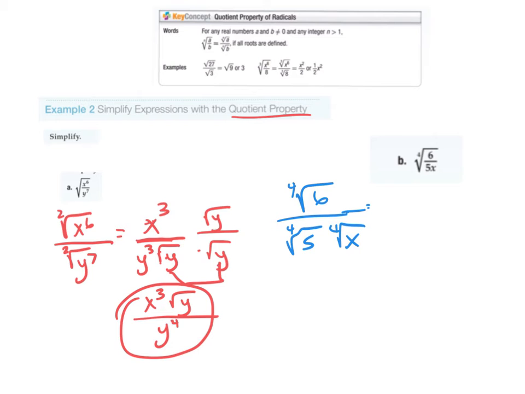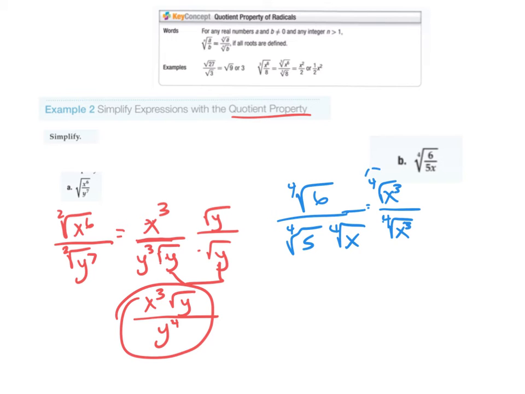But if I multiply my denominator by just the 4th root of x, that's only 1 of them. So what I have to actually multiply by is 3 of them, because 3 and 1 gives me 4. And so by doing that, I end up with 4 x's. And the 4th root of 4 x's is x.